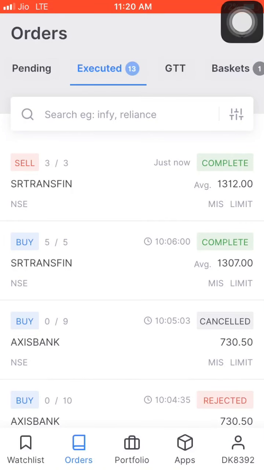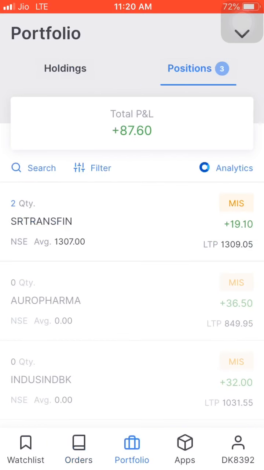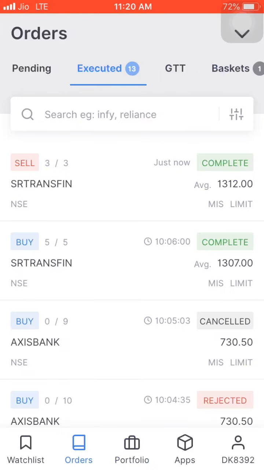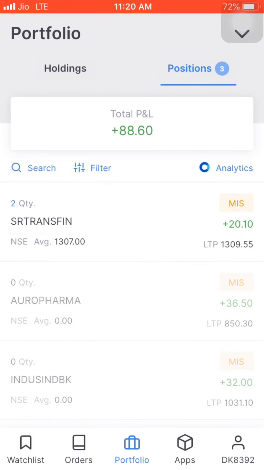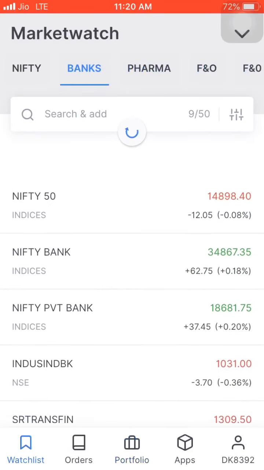Looking at the chart, guys, I have placed an order for 3 quantities at 1312 rupees, and that has been executed, and there are 2 quantities remaining. So now let's exit those 2 also. We have already gained a 5 rupees profit. 80.